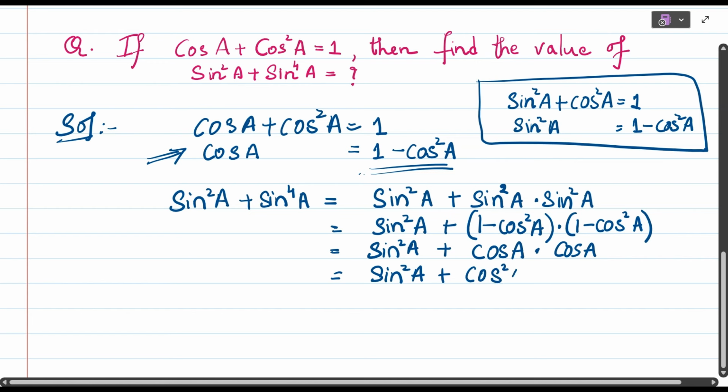Cos square A. Is it clear students? Now we know the identity sine square A plus cos square A is equal to 1. So this value is 1. So simply we can write sine square A plus sine power 4A is equal to 1. Did you understand students?